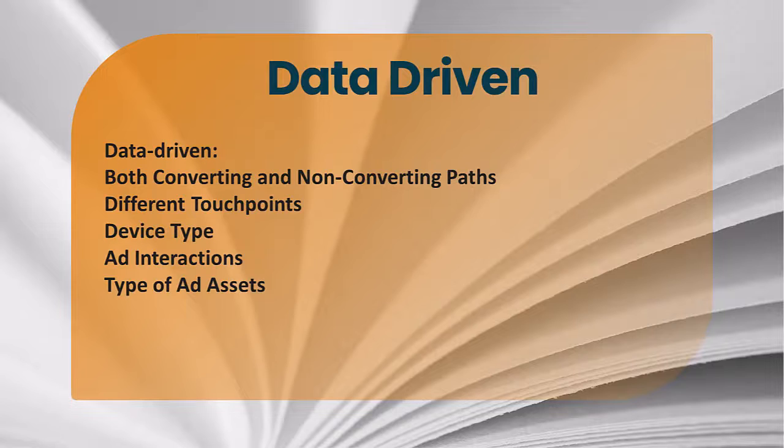Now, data-driven takes into account both converting and non-converting paths, and tries to learn from people who didn't convert. It's got different touch points. It could be pay-per-click, could be email, could be direct, could be organic. It uses that as part of the model. It takes into account mobile and desktop devices and determines if fewer people are converting on mobile, it'll assign that less value.